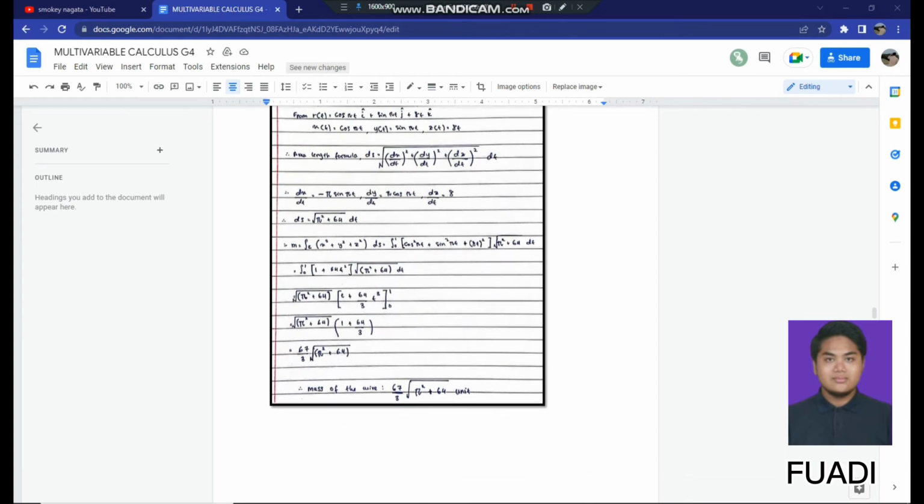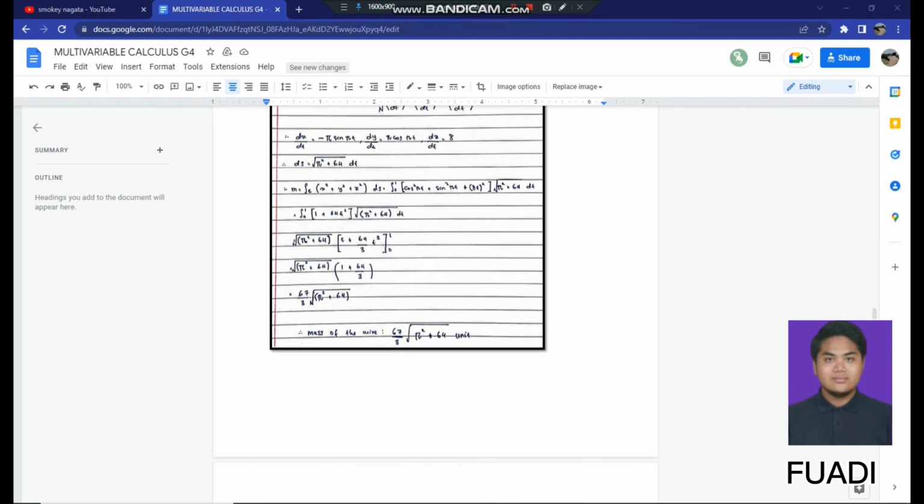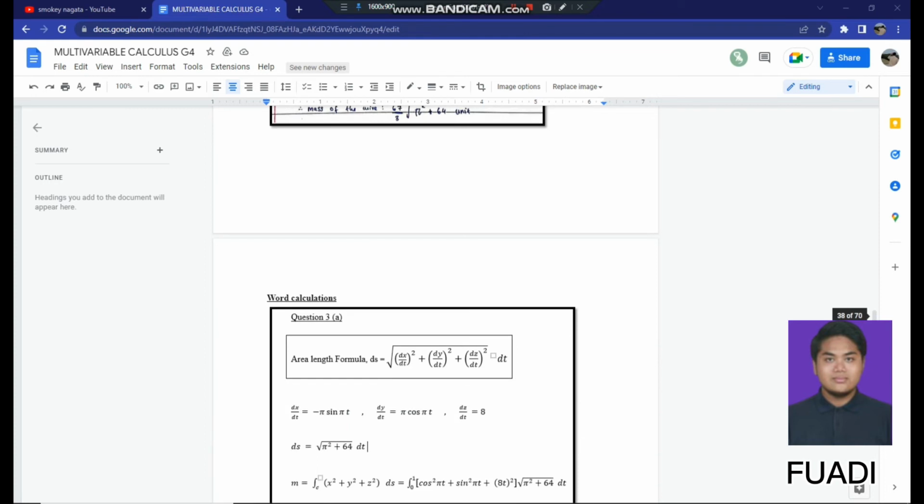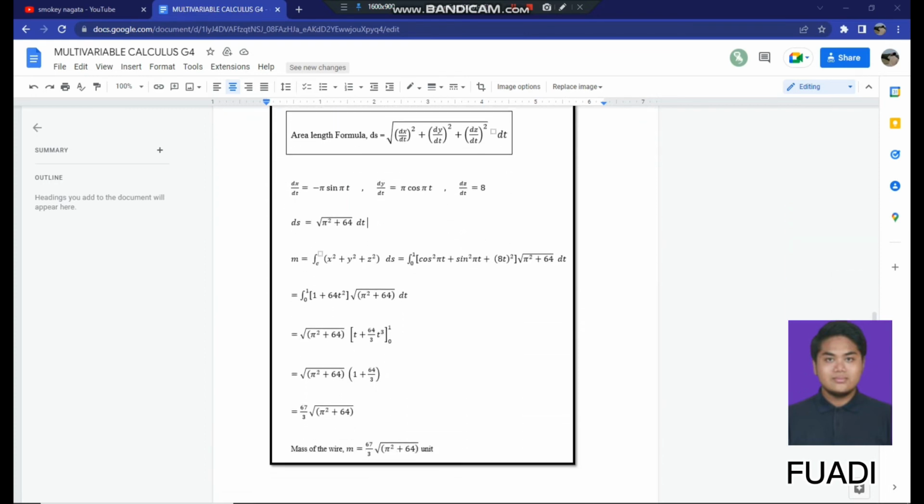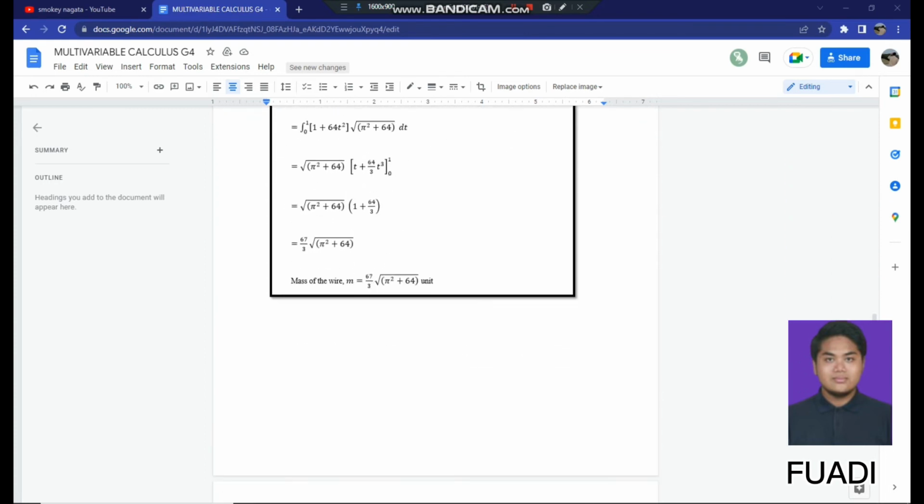And then for the mass, this is the formula, and we put all the values in the mass formula, and the final answer is the mass of the wire is 67/3 square root of pi squared plus 64 units. Next is the Word calculation that I made, and this is the last answer.